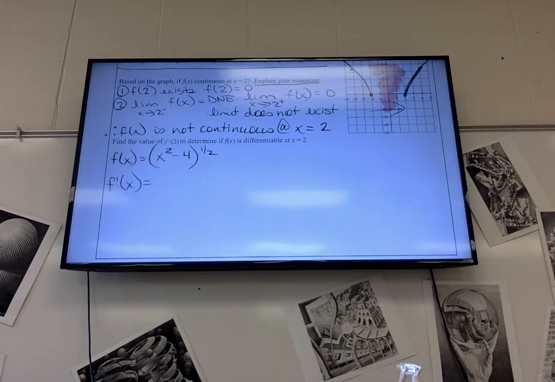I think we can do this by hand. 1/2 times x squared minus 4 to the negative 1/2, because we've got to do a chain rule, times 2x. Yep. 1/2 and 2 cancel. So you get x over the square root of x squared minus 4.